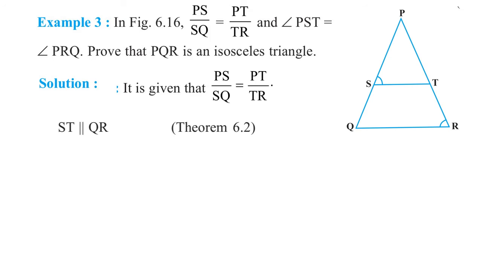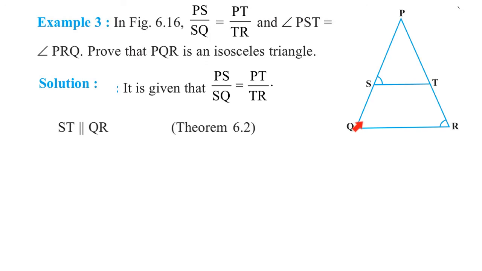If ST is parallel to QR, this angle and this angle, what are they? We have learnt it in lower grades. If these two lines are parallel and if SQ happens to be a transversal, so can you guess what this angle and this angle are called?